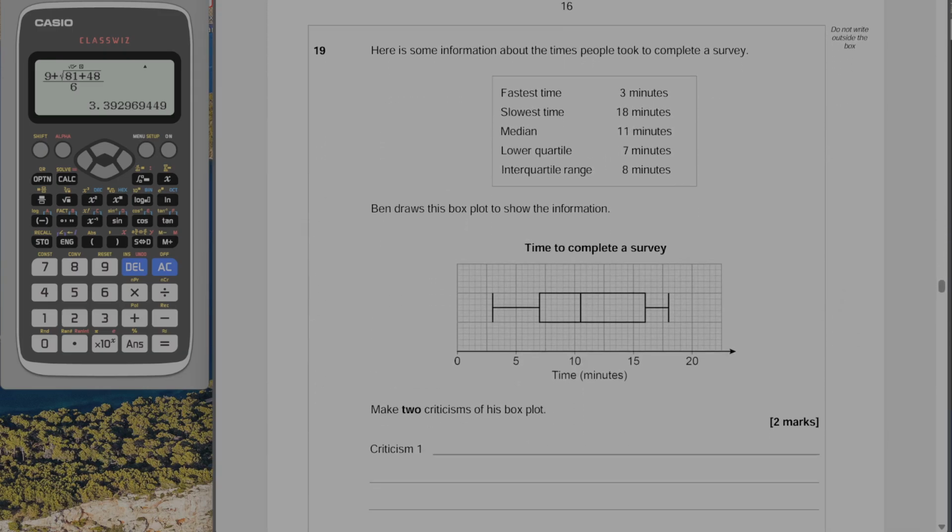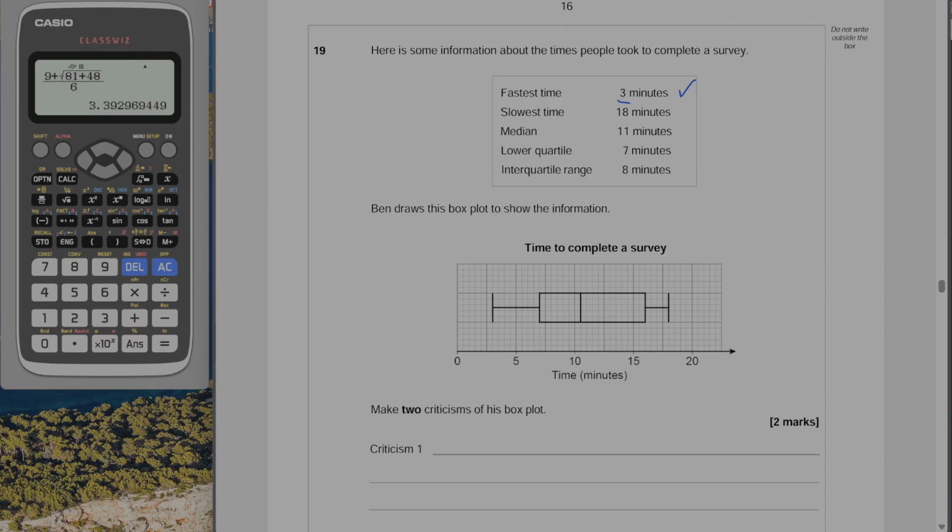Question 19. Here is some information about the times people took to complete the survey: fastest, slowest, median, lower quartile, interquartile range. Ben draws a box plot to show this information. Write down 2 criticisms. So let's just check his values. Fastest time 3 minutes. Has he entered that right? Yep, that one's right. Slowest time 18 minutes.